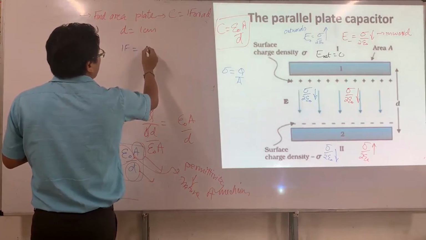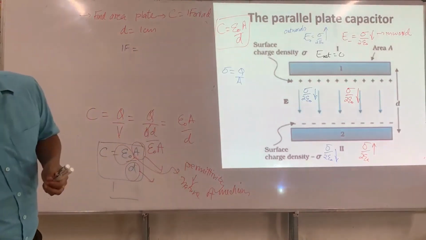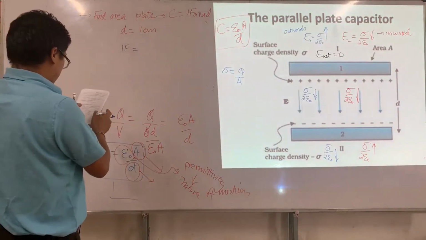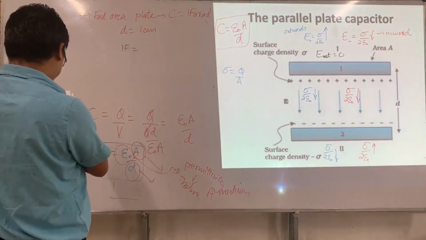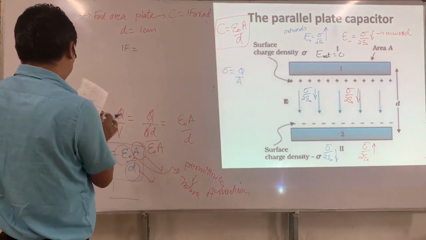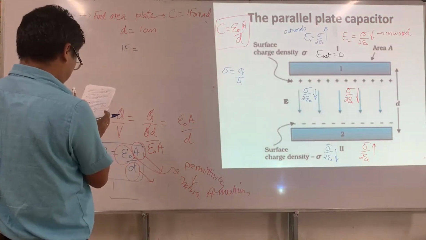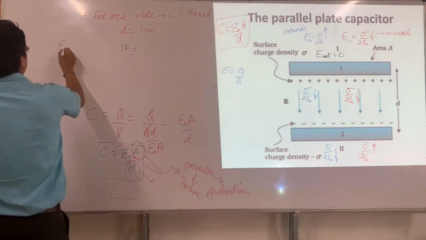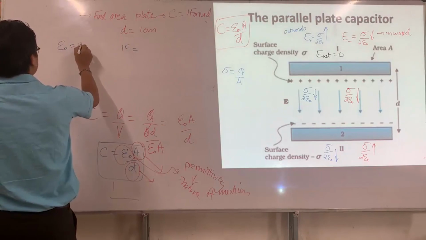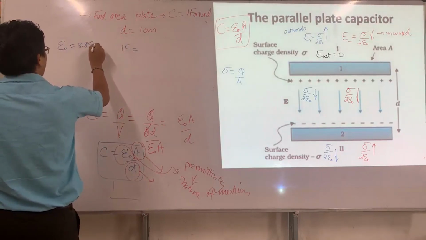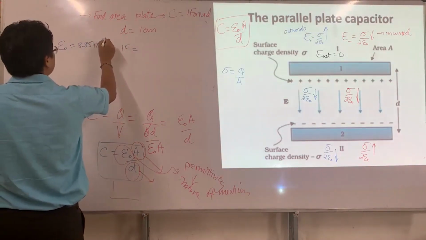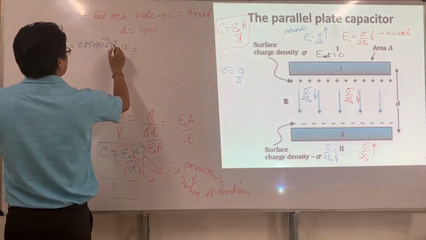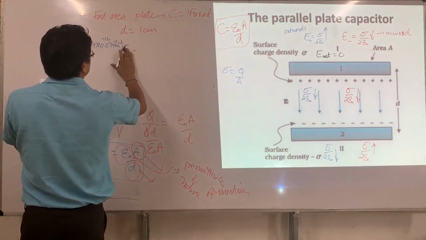This epsilon naught is the electric permittivity. The value of electric permittivity is 8.854 times 10 raised to power minus 12 coulomb square per newton meter square.